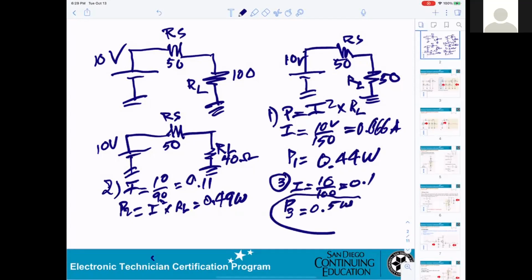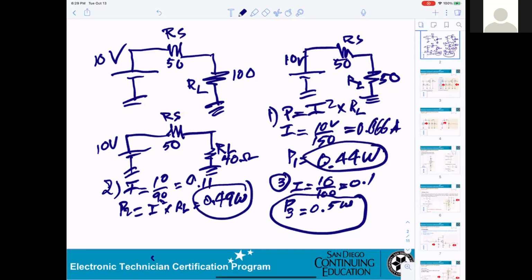Okay, now compare. Which one is the best? The third one. The third circuit. You can say this one is not matching. This one also not matching.